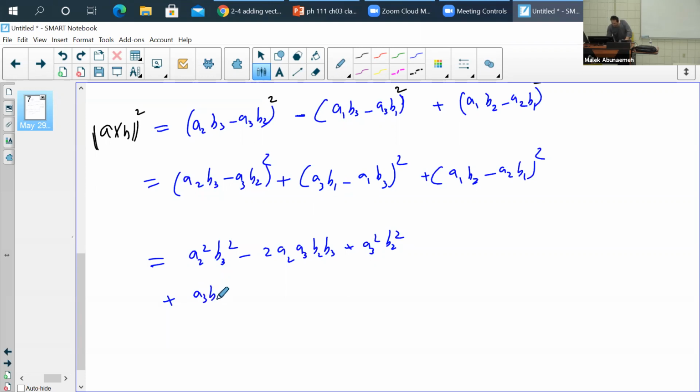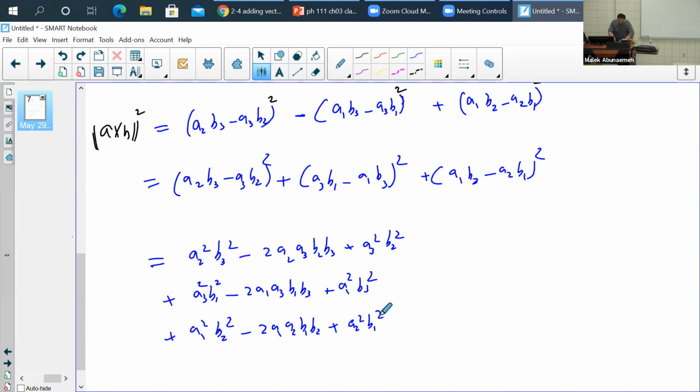It's going to be A3 squared B1 squared minus 2A1 A3 B1 B3 plus A1 squared B3 squared plus A1 squared B2 squared minus 2A1 A2 B1 B2 plus A2 squared B1 squared.